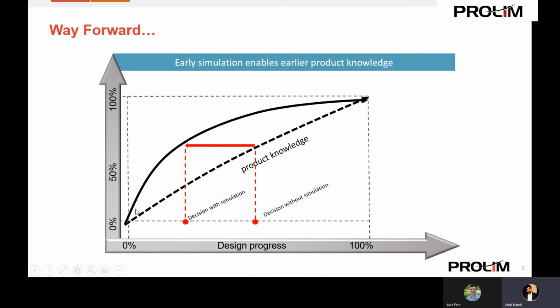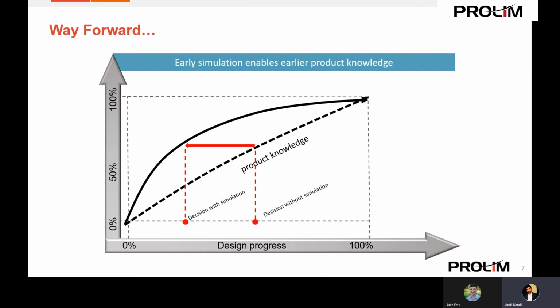The dotted line says that the product information or knowledge increases gradually as time progresses, as the design progresses. Whereas by doing early simulation, that will help you to gain product knowledge early and also take decisions faster at the initial level itself.